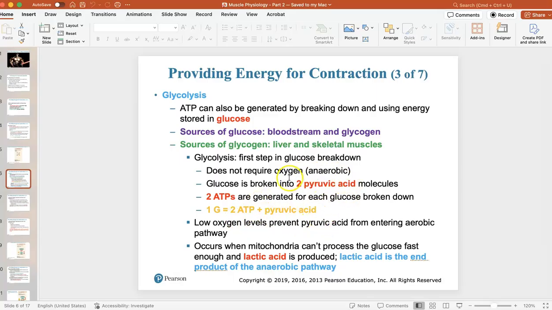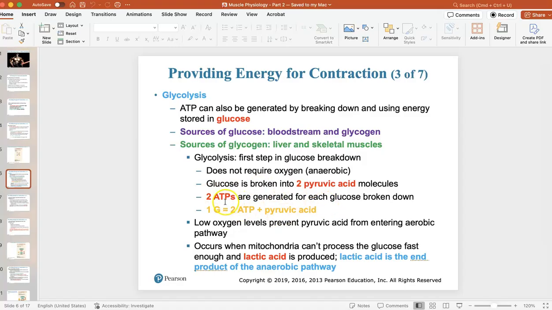Some sources, like it says here, will say 2 pyruvic acid molecules. Now, on the exams, sometimes I will just say pyruvic acid and not refer to 2 of them. So just be aware of that.